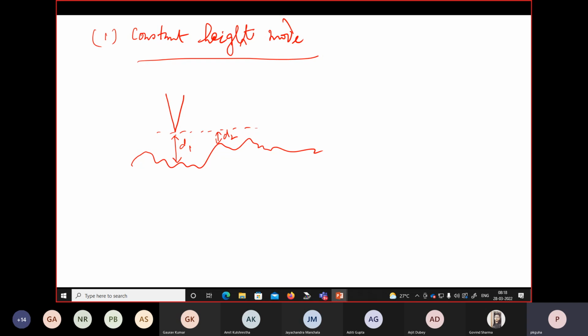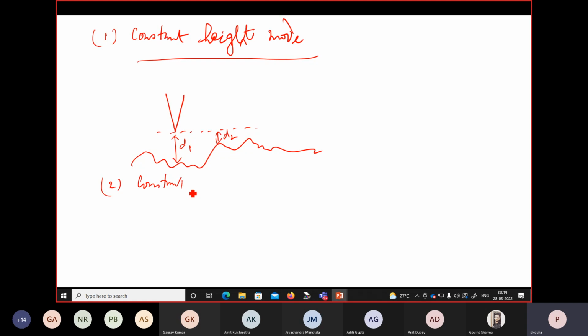So that's basically constant height mode, where you are not changing the height of the tip. As the tip moves on top of the nanostructure, there will be change in distance between the tip and the surface of the nanostructure, and you will get different amounts of current, and from there you can create the surface profile. And another mode is known as constant current mode.